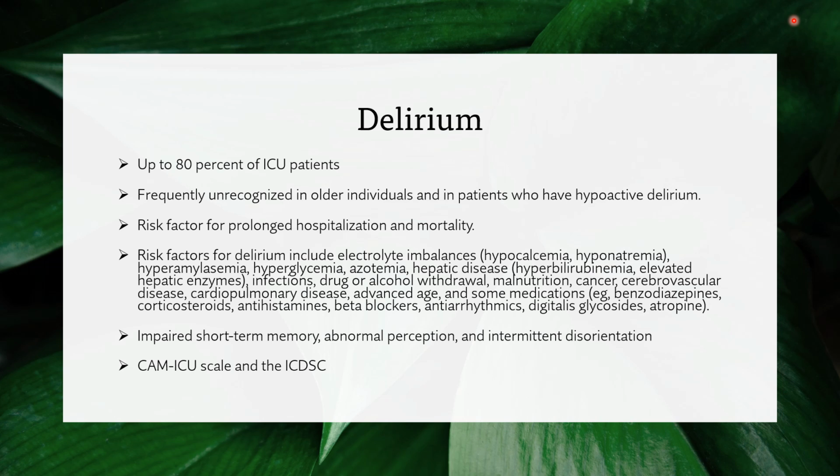Both scales assess patients for acute or fluctuating mental status change, inattention, disorganized thinking, and/or an altered level of consciousness. Both scales can identify new or persistent delirium, but neither quantifies the severity of delirium.